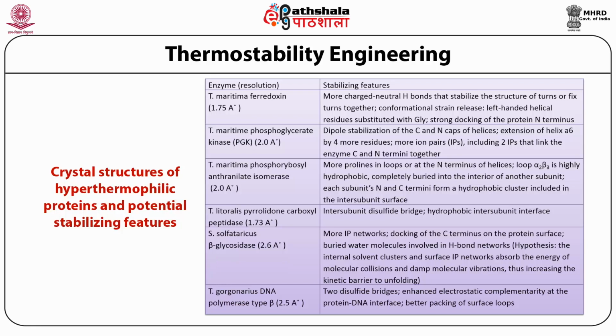Similarly, more disulfide bridges led to higher stability, and it was seen with the pyrrolidone carboxyl peptidase enzyme. With another enzyme, beta-galactosidase, the number of ion pairs, where two ionic side chains interact, was found to be increased, and it actually led to higher stability of this enzyme.